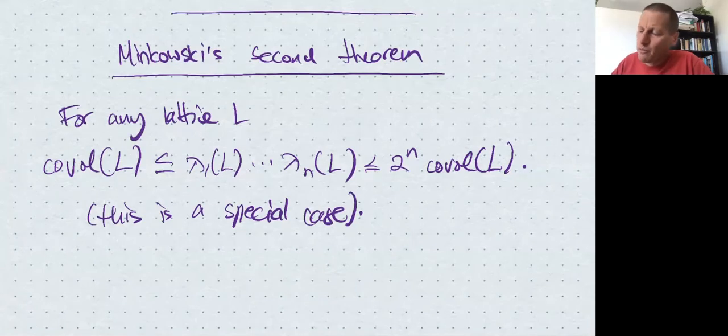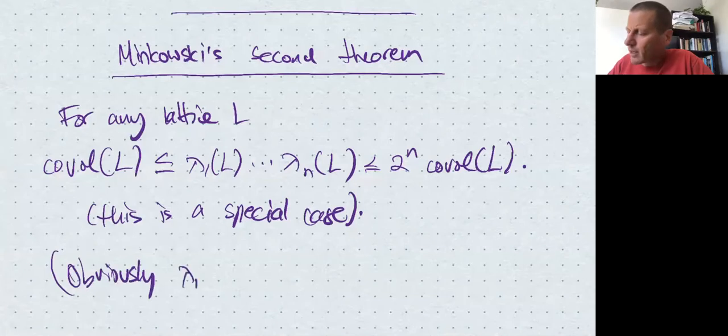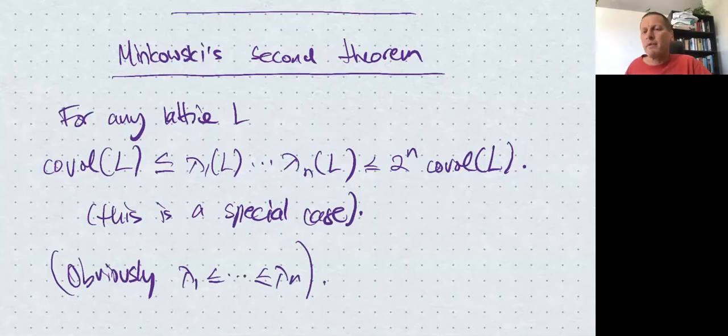Obviously from our definition, lambda 1 is smaller than lambda 2, and so on up to lambda n. And so what that means essentially is that if you have a lattice for which lambda 1 is very small, it must be the case that lambda n is very large, because their product has to be approximately 1. Again, I'm talking about co-volume 1 lattices.